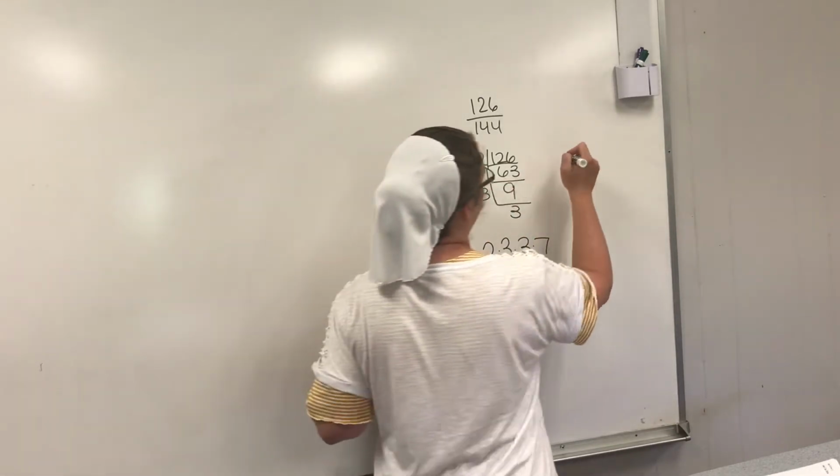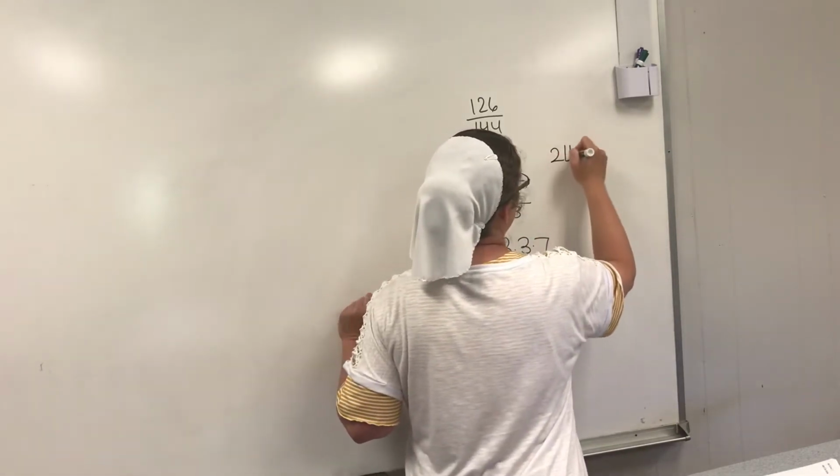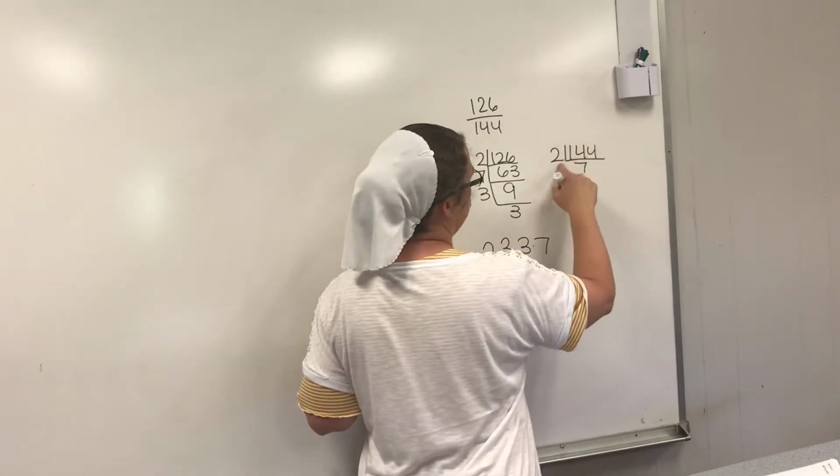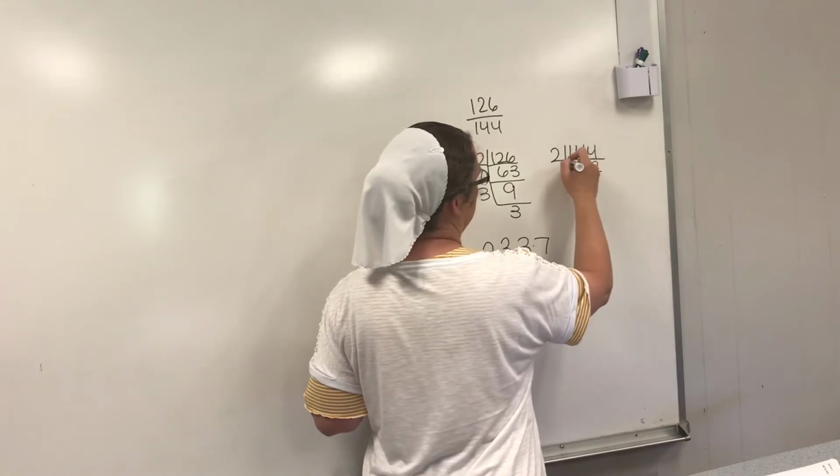Now let's do 144. We know 2 will go into that. 2 goes into 14 7 times. 2 goes into 4 2 times.